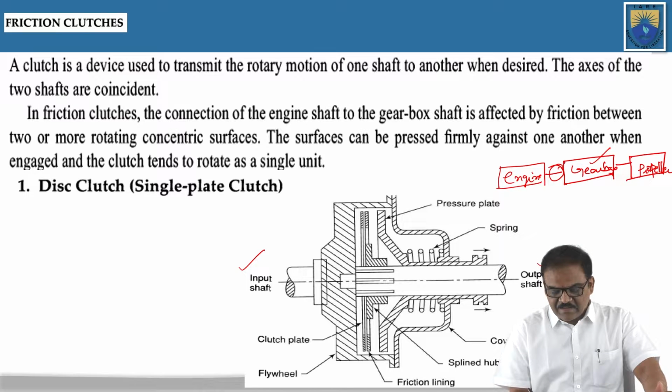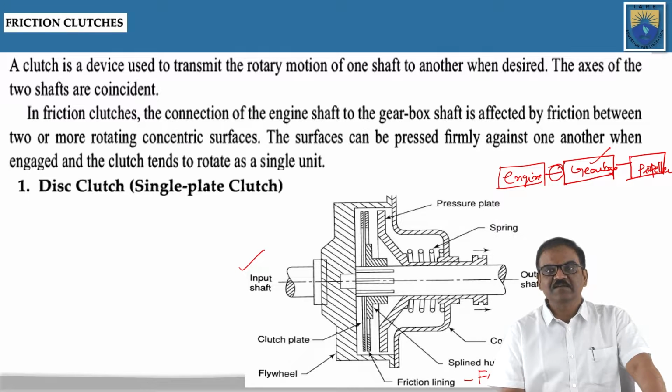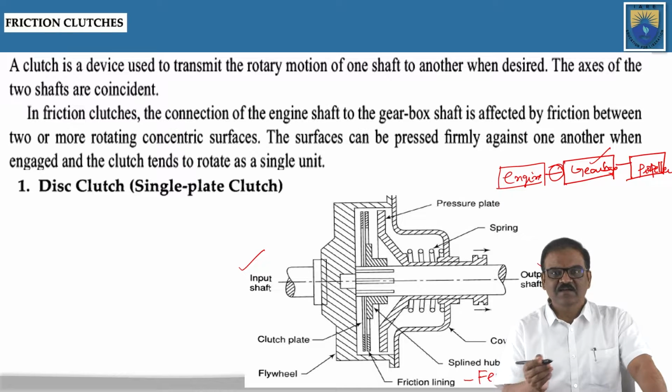The friction lining materials will mostly be ferodo, which provides the highest coefficient of friction, unlike other materials of metallic nature.